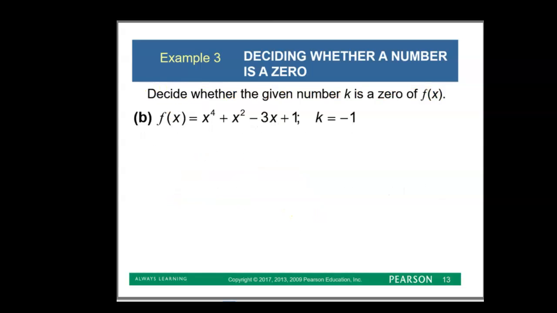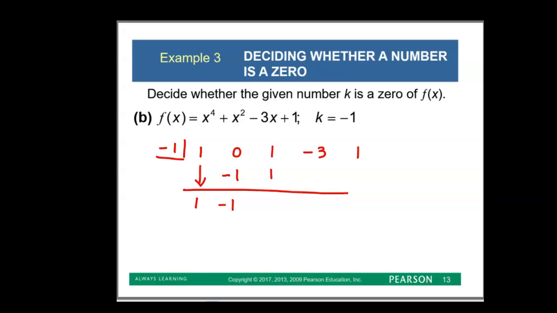Okay, let's do the same thing here with k equals negative 1. Same process. We are going to begin by bringing our 1 down. Then we're going to multiply and add as we go. You'll notice here that for the remainder, we do not get 0.